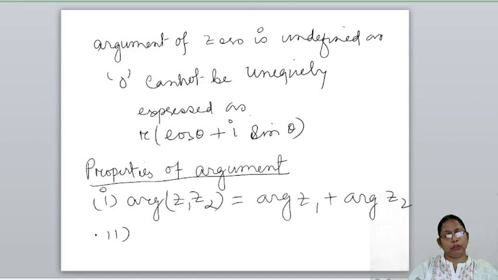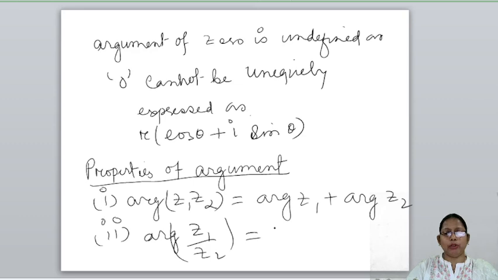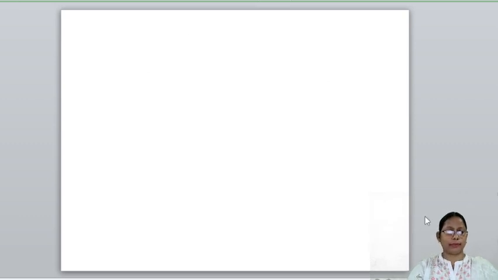Number 2, arg of z1 by z2 is equal to arg of z1 minus arg of z2. Next, we are going to solve one example.